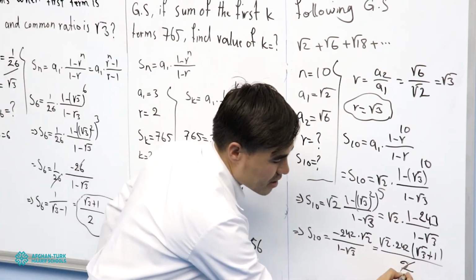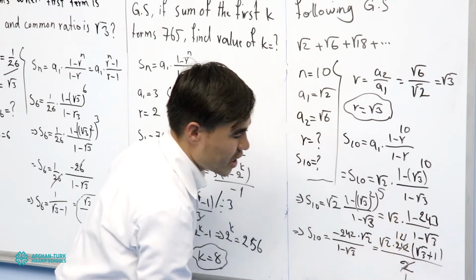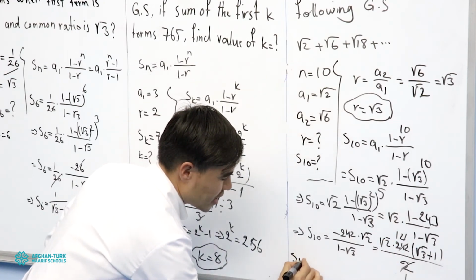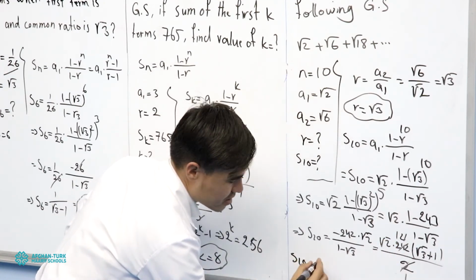Here, when I cancel this, 1, 1, 2, 1. Here, S10 is equal with what?